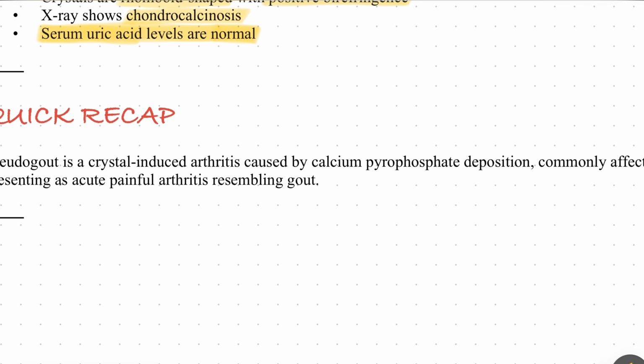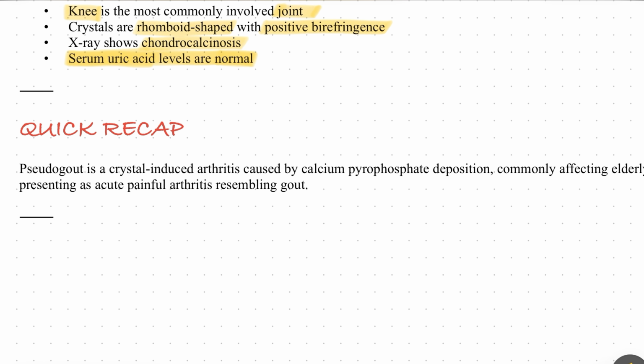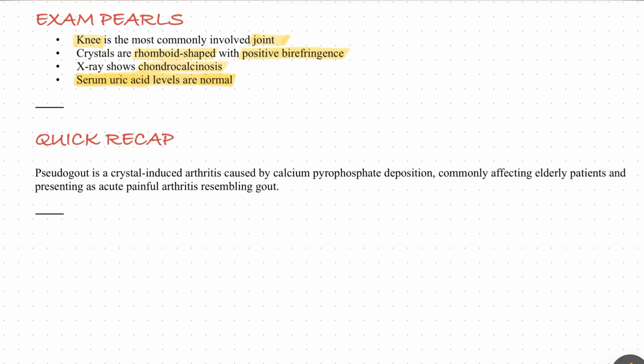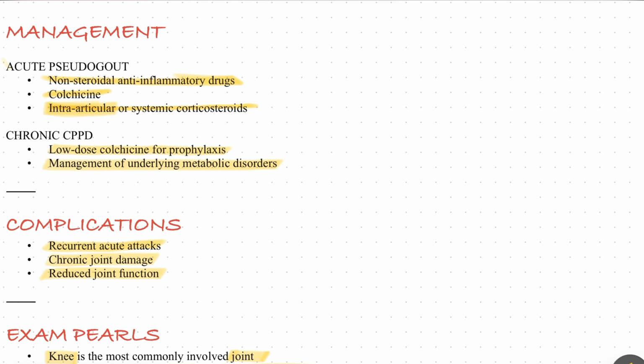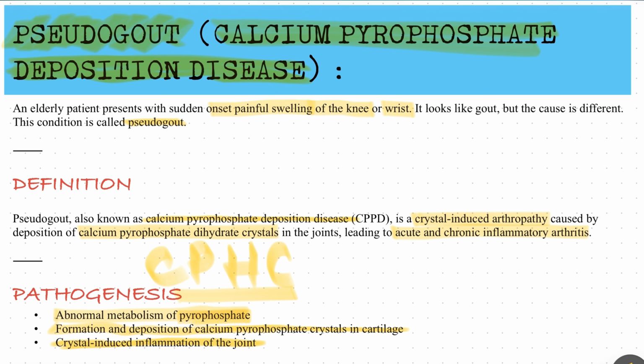Quick recap. Here I am going to read the full complete line as it is, so you need to remember. Pseudogout is a crystal-induced arthritis caused by calcium pyrophosphate deposition, commonly affecting elderly patients and presenting as acute painful arthritis resembling gout. So let's quickly revise the topic.